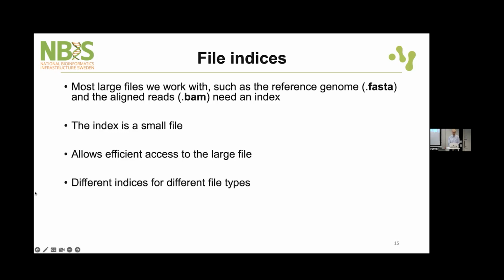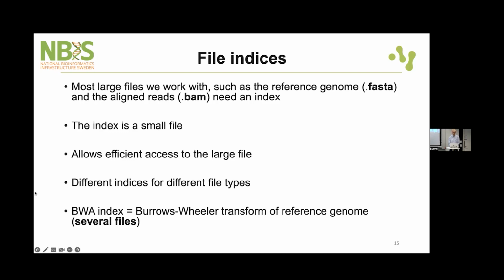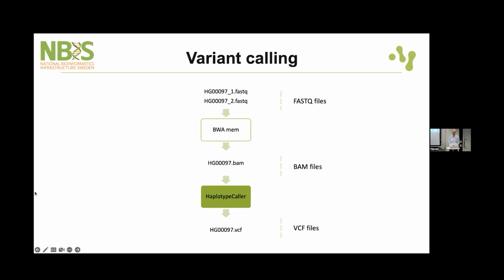And there will, of course, be different indices and different procedures for creating the index file for different file types. Even the Burrows-Wheeler aligner requires its own index, which is actually a set of files. Now, once you have created your BAM file of aligned reads, you can carry on with the variant calling step using the tool called haplotype caller.